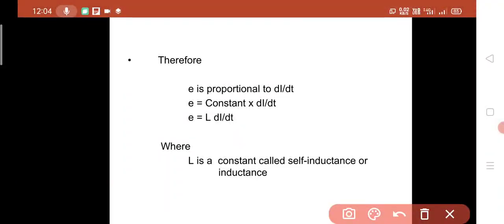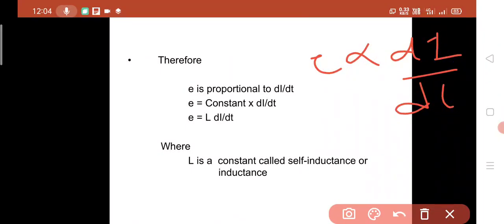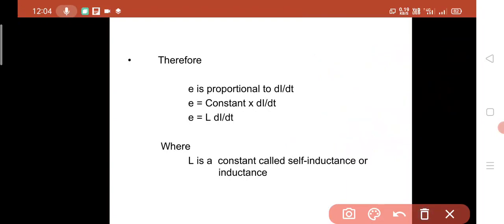So E is a constant into di by dt. Here E is equal to L into di by dt, where L is the constant called self-inductance or inductance.